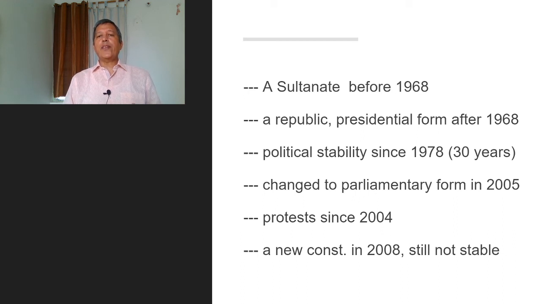In 2005, it changed to a parliamentary form, and there were protests, since 2004. A new constitution was adopted in 2008, and a prime minister was elected. But only after a few years, again there was instability, and the prime minister, I think Nasheed, I don't exactly remember the name, was arrested. So it is still having flip-flops as far as the political system is concerned in Maldives.